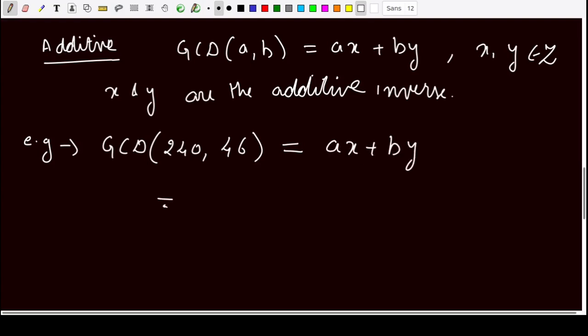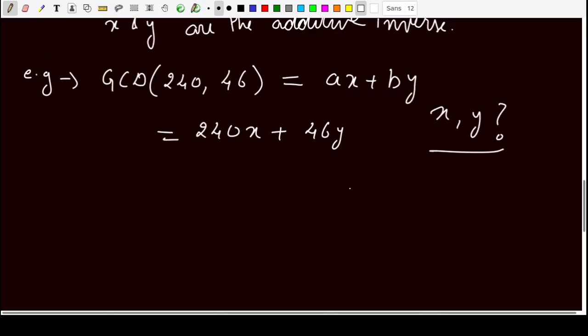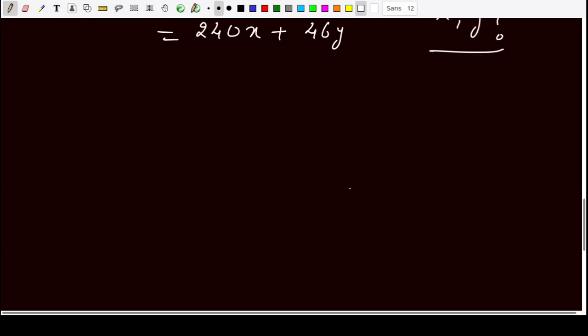Since A and B are 240 and 46 respectively, we can write it as 240x plus 46y. Now what are the values of x and y? The extended Euclid algorithm helps us in finding these values. Let us see how one can find the values of x and y using the extended Euclid algorithm.